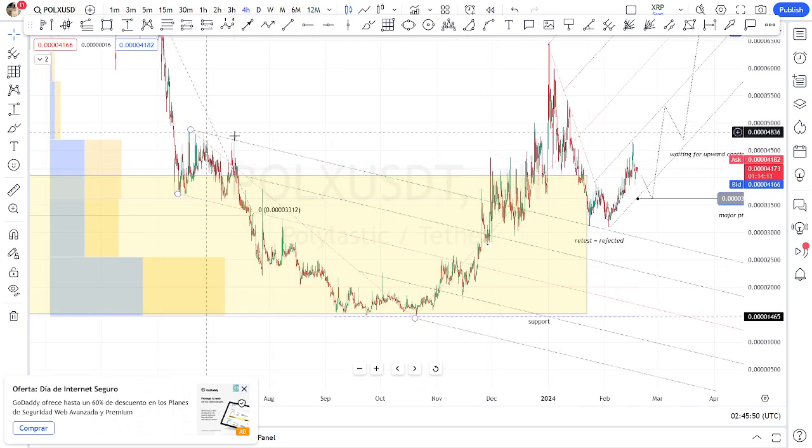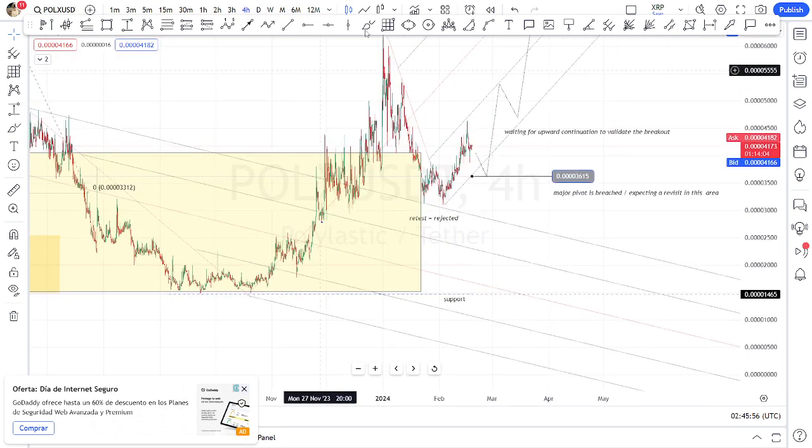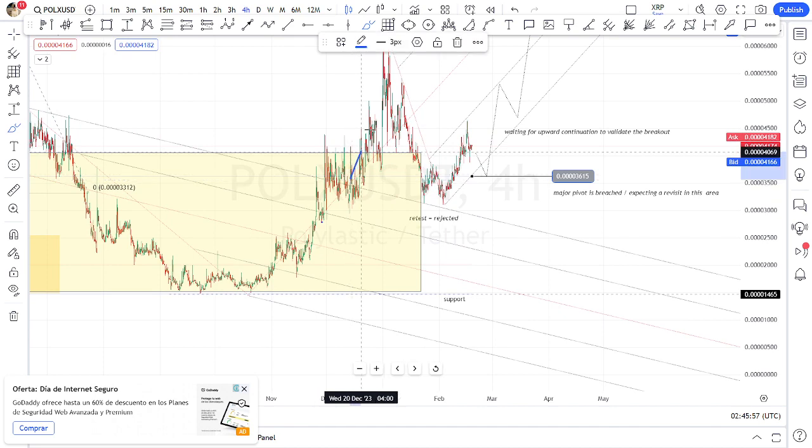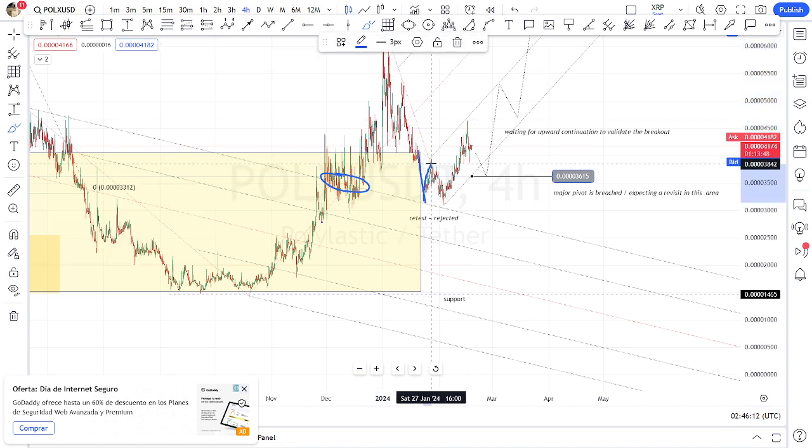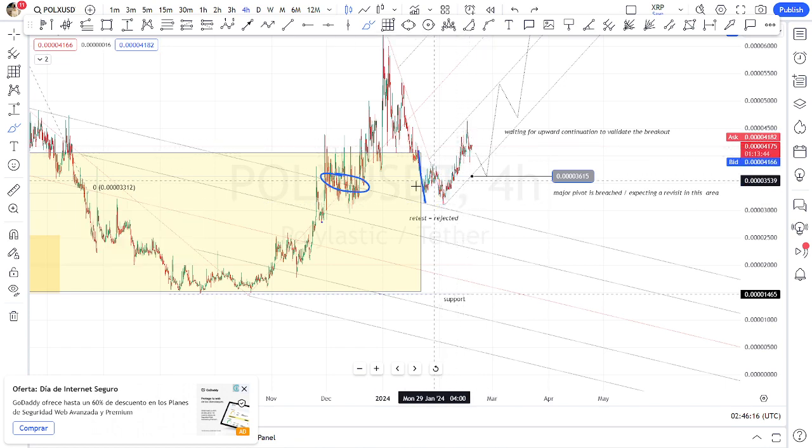Let's recall the previous resistance, which is now a support. So the bear tried to retest this area, which they failed to defend. The bear tried to retest again, the price twice, rejected. Another attempt, rejected, and then now the price goes up.